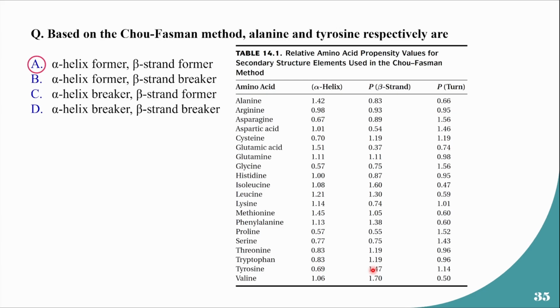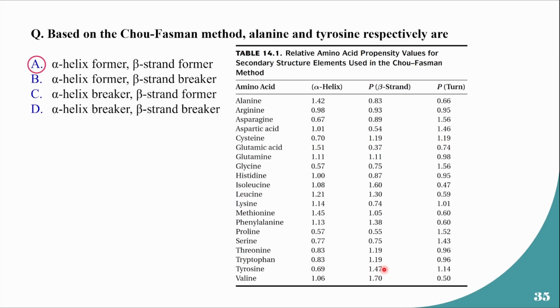That means that residue has high propensity in that type of secondary structure. If it is lower than 1, it is a breaker, or conversely, it is present at much lower propensity in that type of secondary structure, right? So for both alanine in alpha helix and tyrosine in beta strand, with 1.47, it is a very high value, well over 1. So these are formers for the corresponding secondary structures.